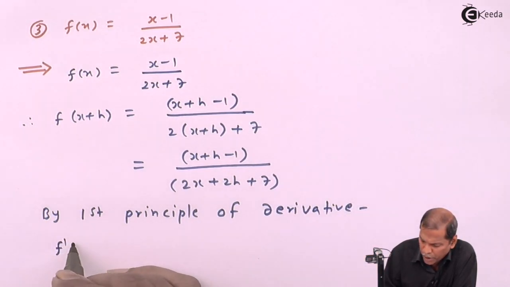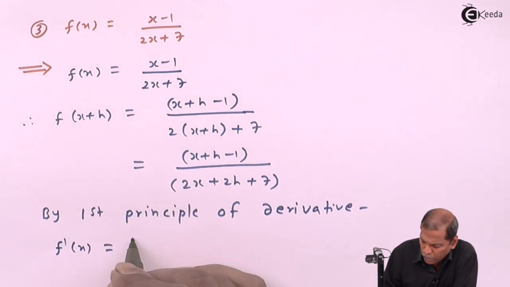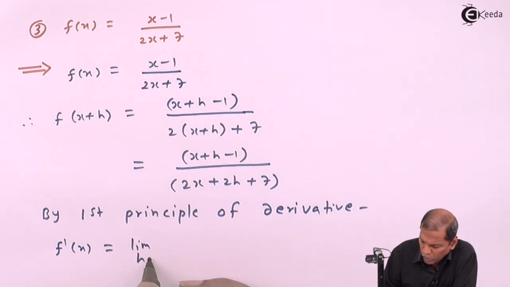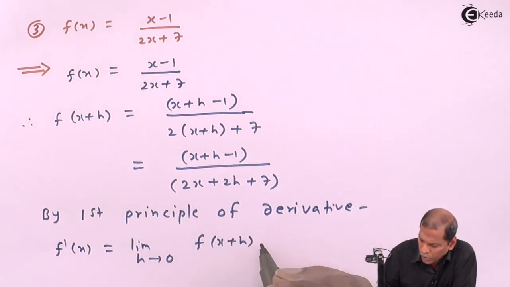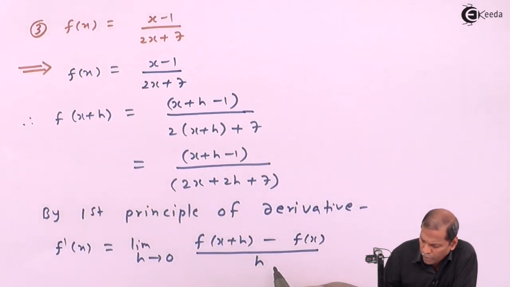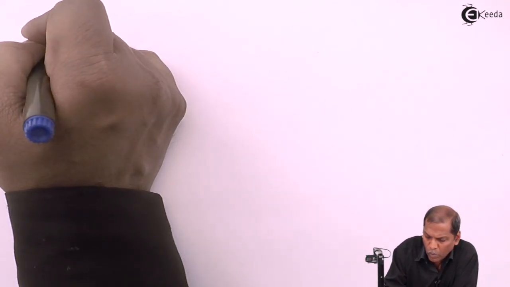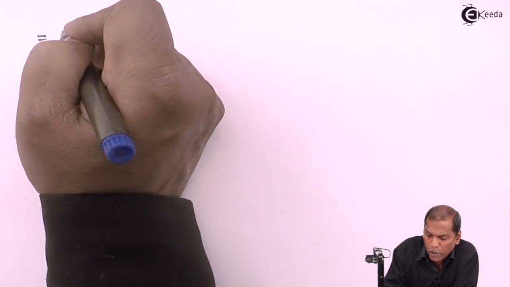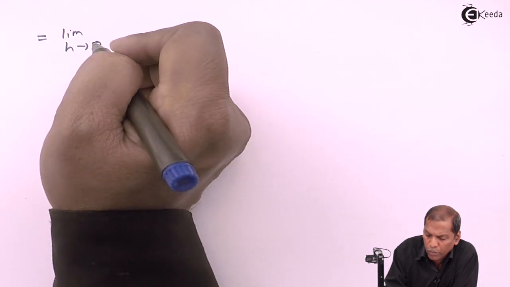f'(x) is equal to the limit h tends to 0 of [f(x + h) - f(x)] divided by h. So it is equal to the limit h tends to 0.